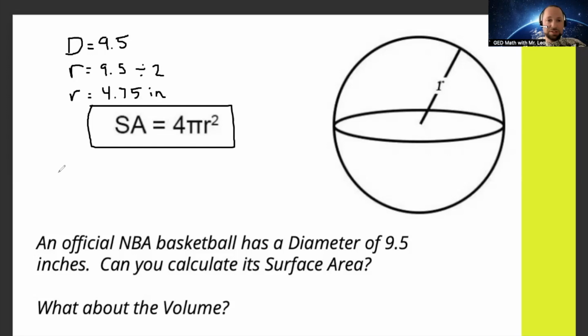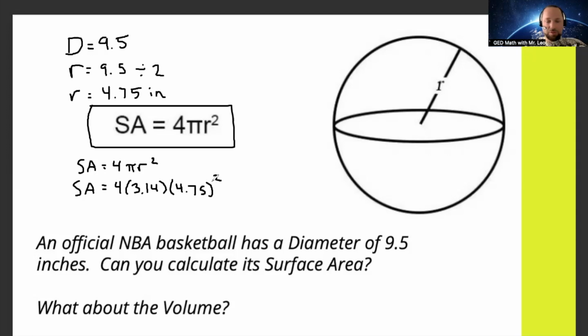All right, here's the surface area formula. I'm going to write it one more time. 4 pi r squared. We're going to plug in what we know. 4 is 4. Pi is 3.14. Radius we determined was 4.75, and that's going to be to the second power.